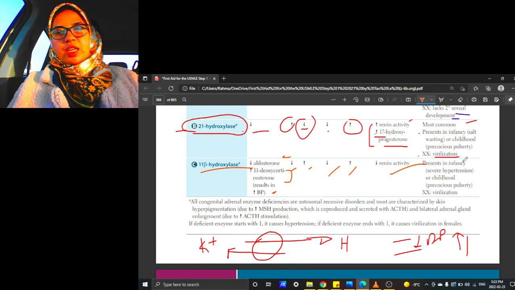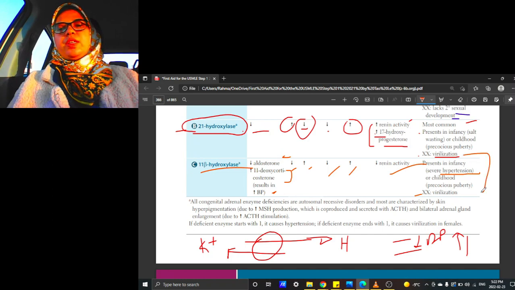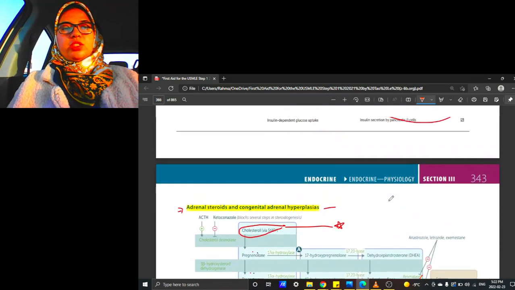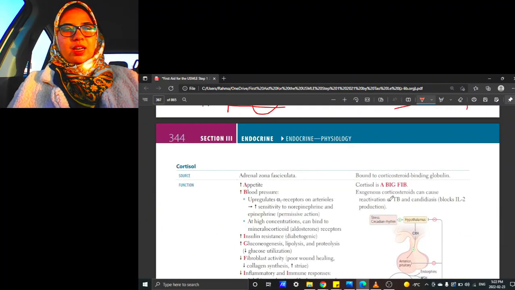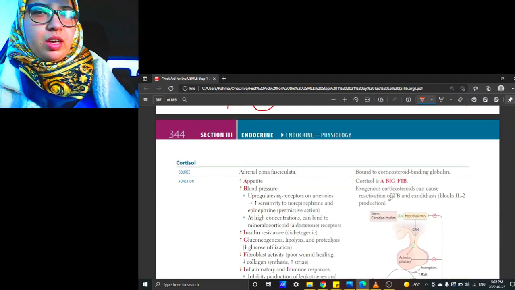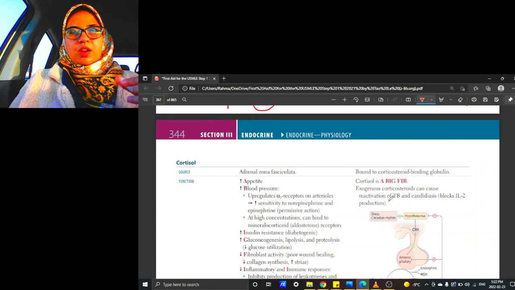It presents in infancy as severe hypertension. That's important. And in the females as well, just as in 21-hydroxylase deficiency, you're also going to have the virilization. So that is the congenital adrenal hyperplasias. It's very easy, very simple to understand, and hopefully it's not too confusing and not very daunting.